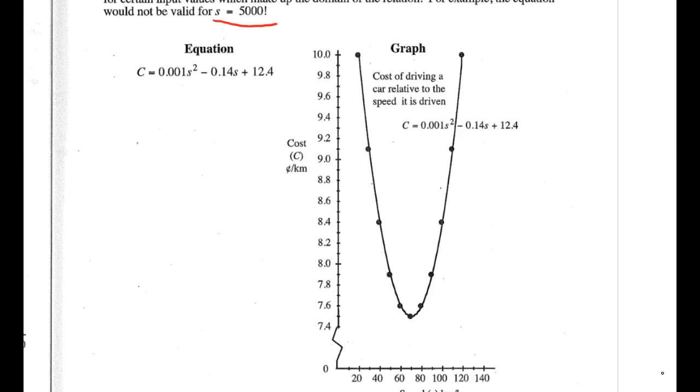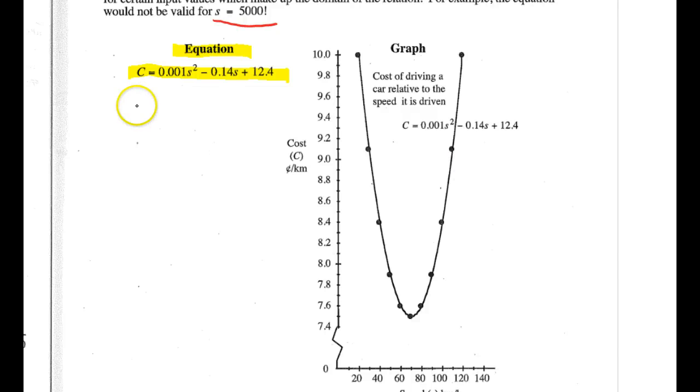Now the last way to represent this relationship, and probably the most important way, is with an equation. And here's the equation. I'm not asking you to come up with this equation. Most of the time they're going to give it to you. This is a pretty hard one, and you'll be able to do these curved equations, which are called parabolas, in grade 11. But you still need to understand what's happening here.